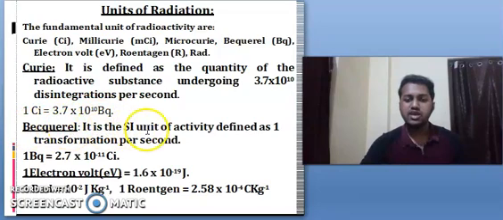Becquerel is the SI unit of activity, defined as 1 transformation per second.